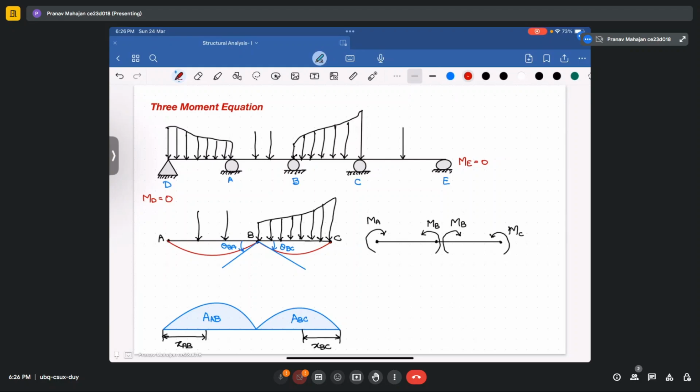So if we draw this bending moment diagram, it will look like this. This will be MA, this will be MB, and this will be MC at points A, B, and C.